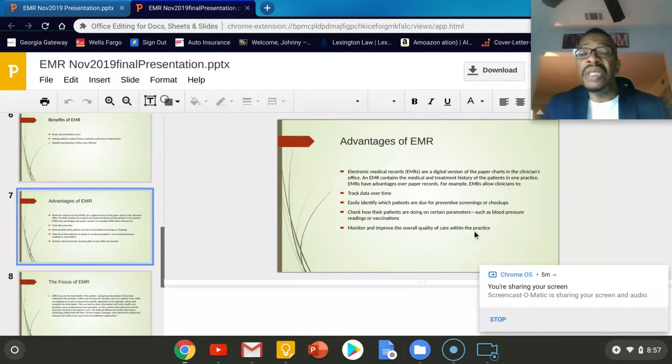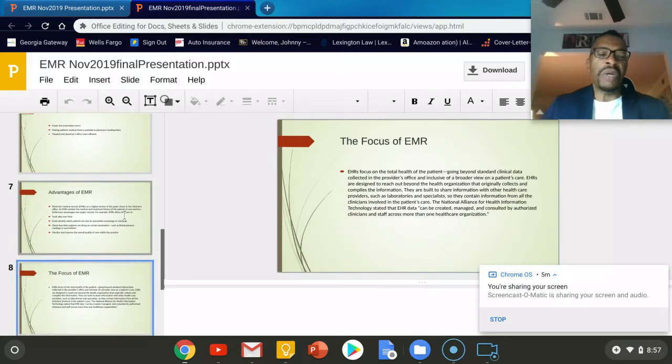For example, the electronic medical record allows clinicians to track data over time and easily identify which patients are due for preventative screening or checkups. It checks how their patients are doing on certain parameters, such as blood pressure readings or vaccinations. It monitors and improves the overall quality of care within the practice as well. And those are just some of the advantages of the electronic medical records.